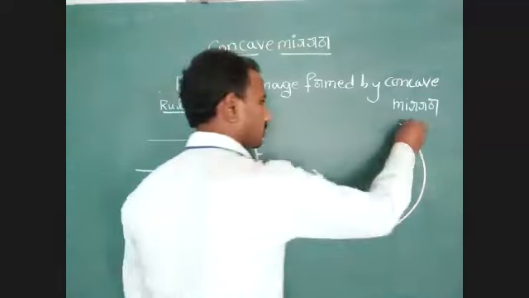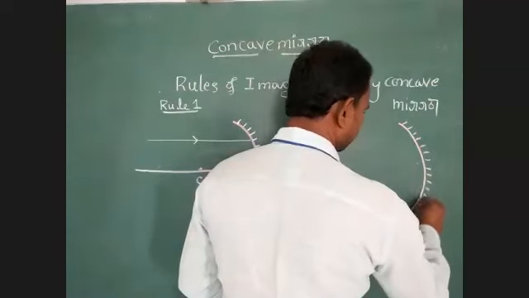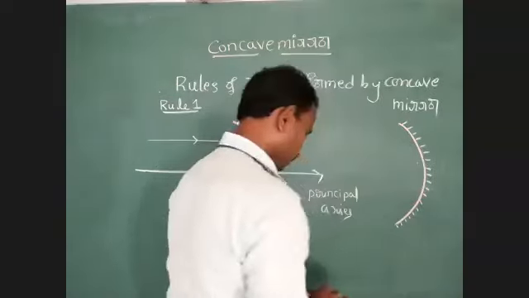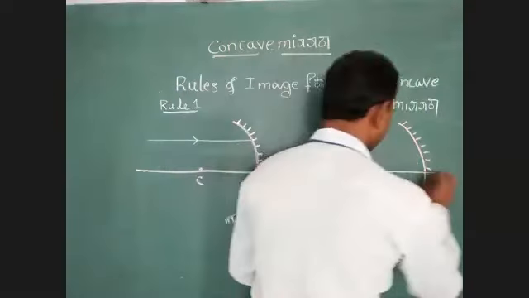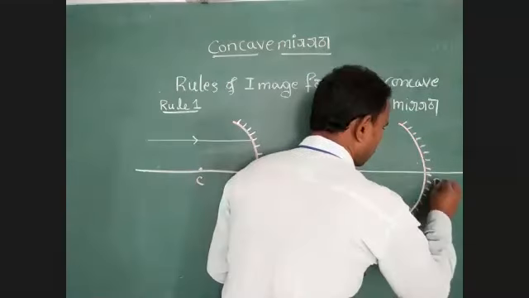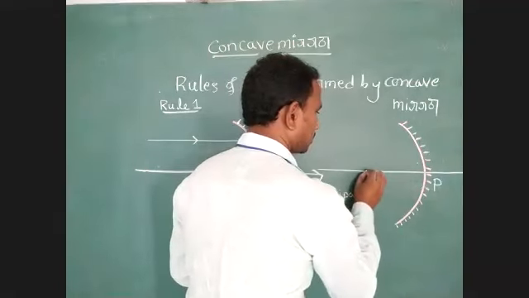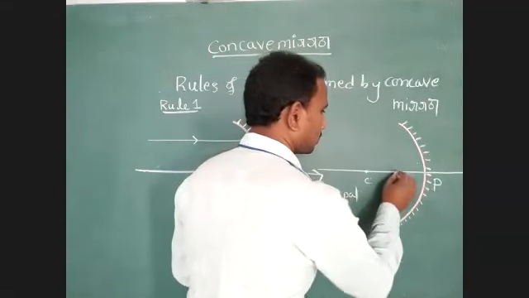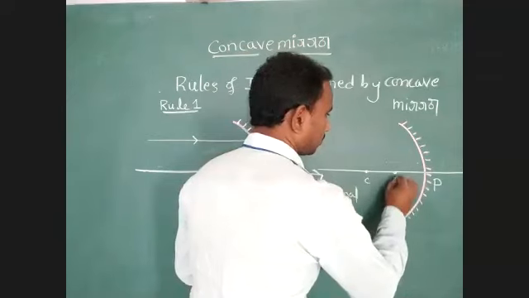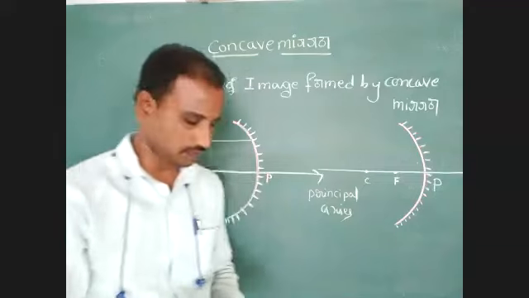Next, rule 2. For rule 2, we identify the pole, the center of curvature, and the principal focus.